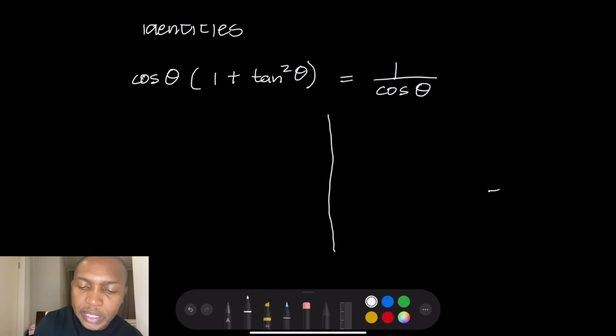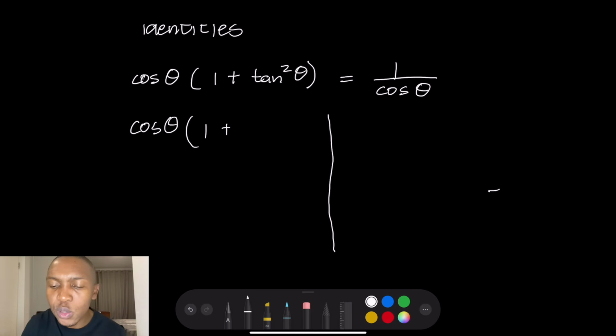In this case, remember we said the first thing, you're always going to change everything into sine and cos. Okay, so we're proving the identity. So the left-hand side is going to be cos of theta, 1 plus, now I'm looking at tan squared of theta. Can I express it differently?